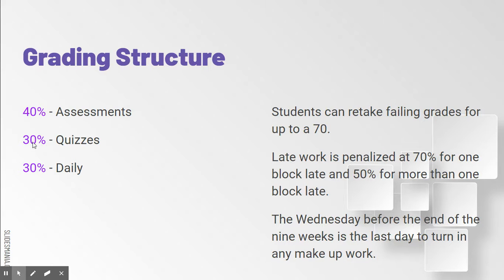You need 70% to pass your class. So that means you have to do absolutely perfectly on these two to get that full 70% if you don't do any homework. And I don't know anybody who's perfect. I don't know anybody who could get 100 on all their quizzes and all their tests.